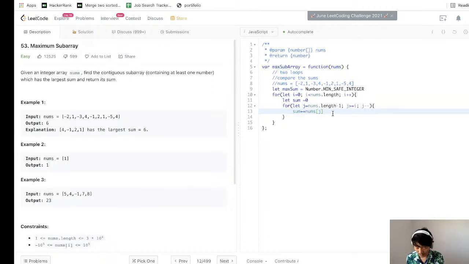I should have sum here. If maxSum is less than sum, then maxSum equals sum.